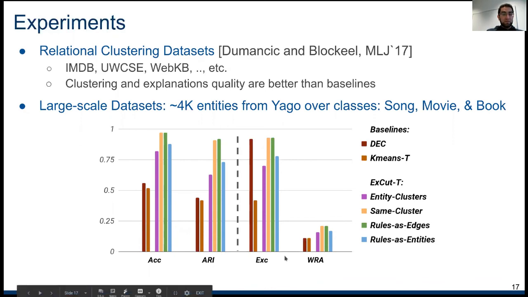We can observe that configurations same cluster and rules as edges both achieved high clustering and explanation quality simultaneously, while the deep entity clustering approach achieved high exclusive coverage. It did not achieve that in weighted relative accuracy or in any of the clustering quality measures.